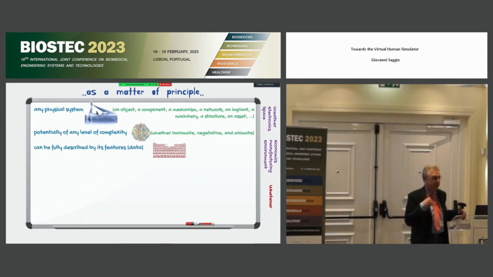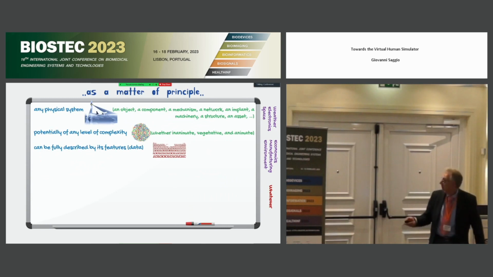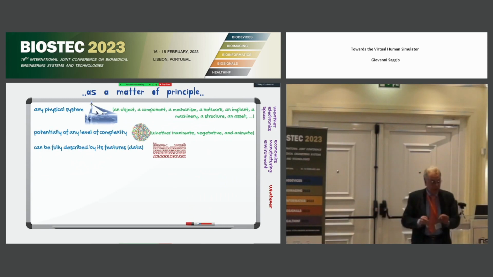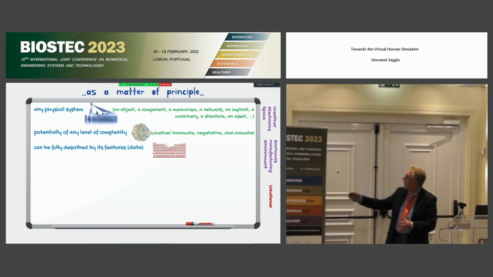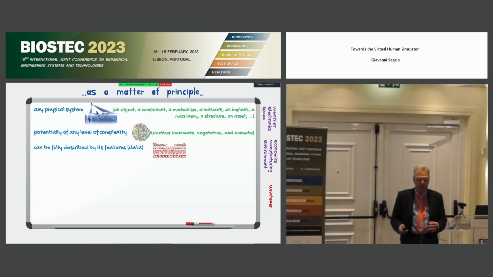In any case, as a matter of principle, any physical system, an object, a component, a mechanism, a network, an implant, a machinery, a structure, an asset, whatever, potentially of any level of complexity, whether inanimate, vegetative, or animate, can be fully described by its features, its data, okay?